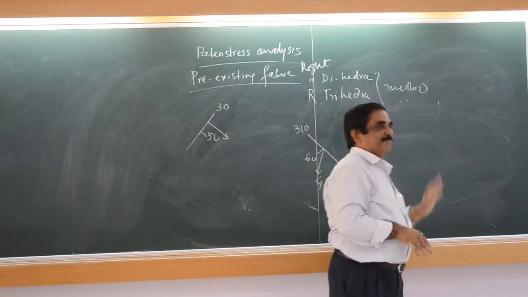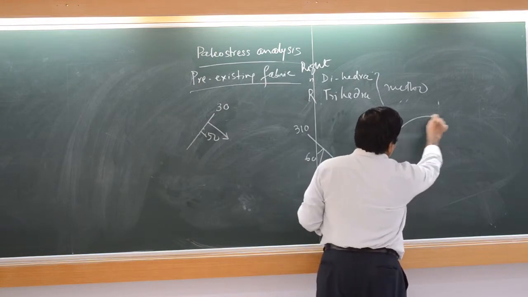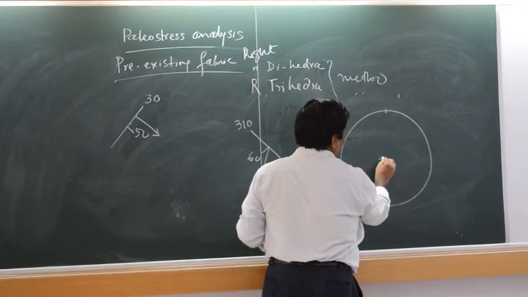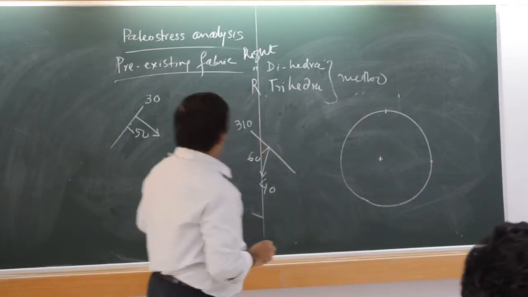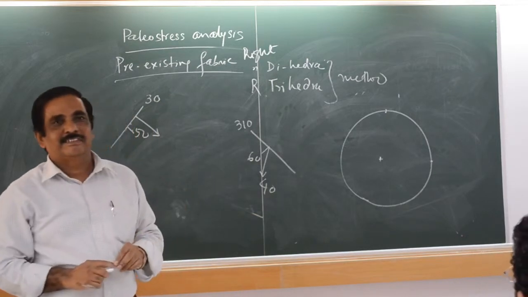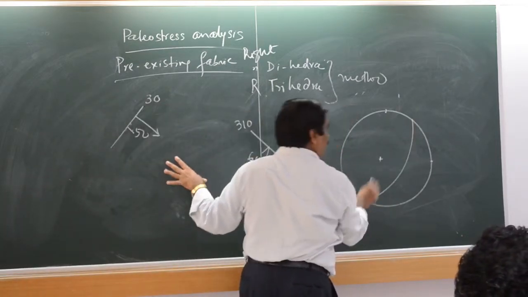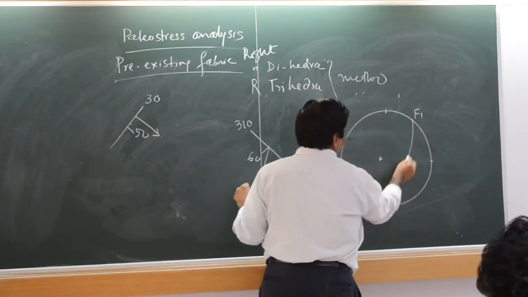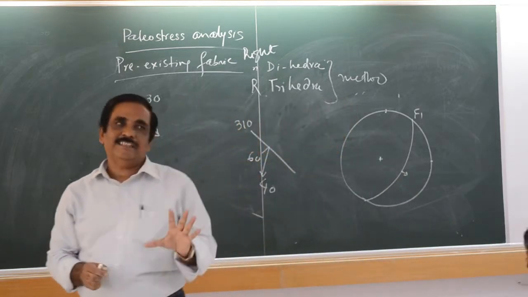So what you have to do? You take this unit and plot one fault. Just plot this fault, 30 degree, 50 degree. One fault you first plot. Suppose this is F1, 50 degree dip, and this is the secant scale. That is it.